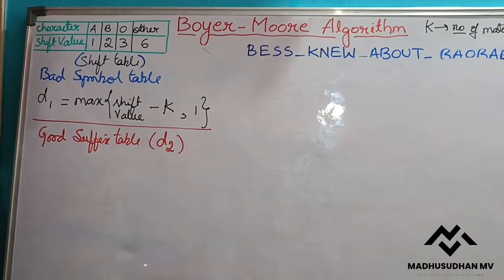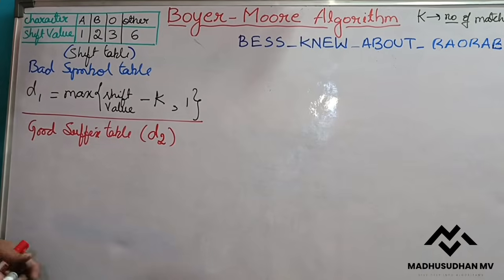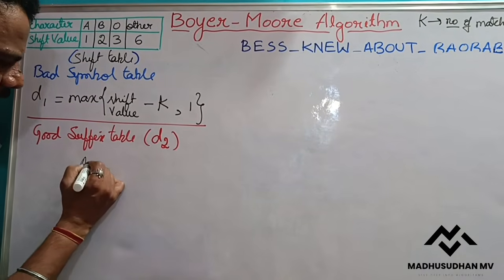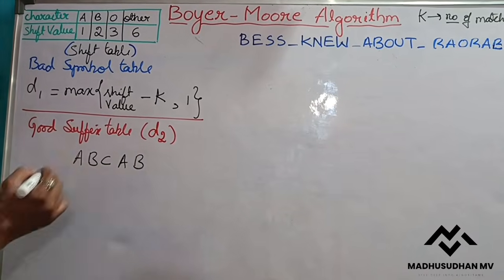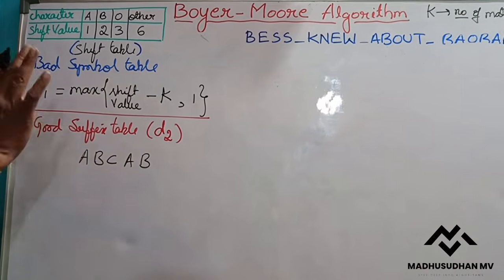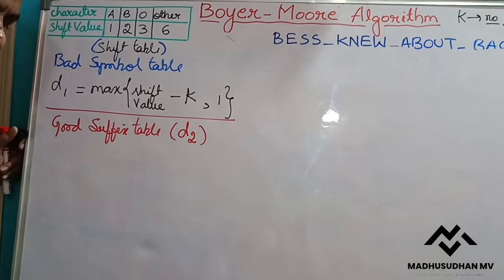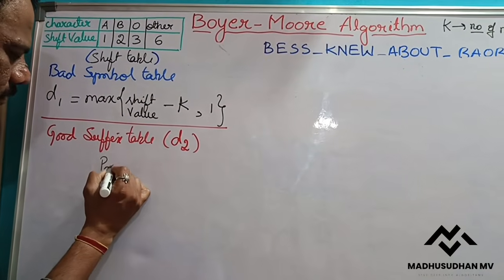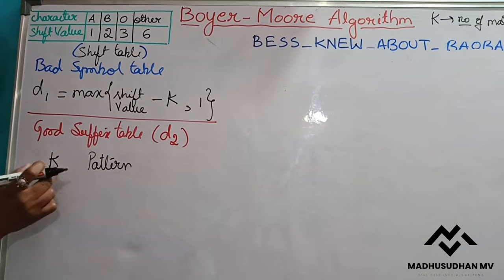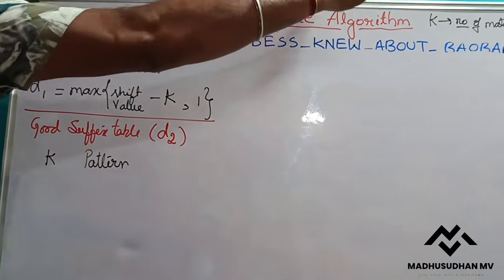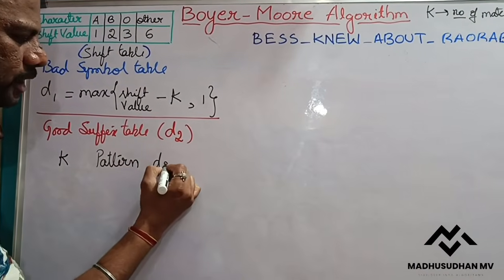For example, let us take this example pattern: A, B, C, A, B. We tabulate k, the number of matched characters, and the shift value d2.